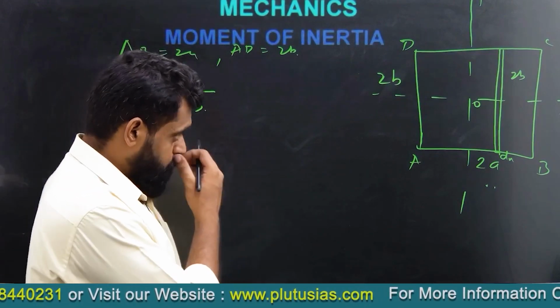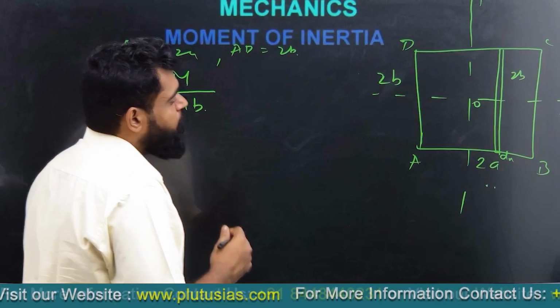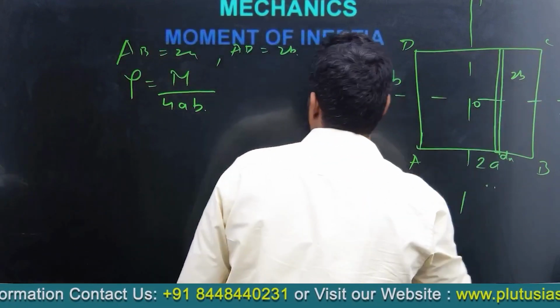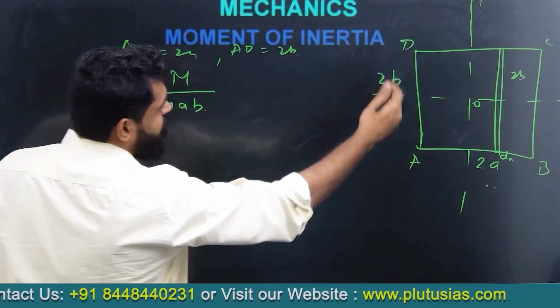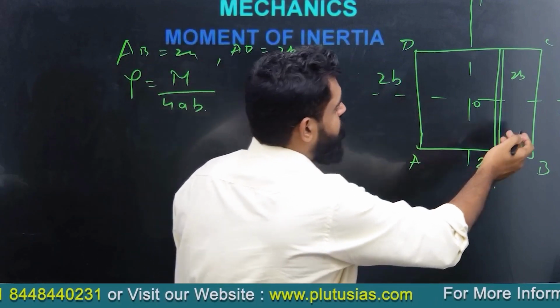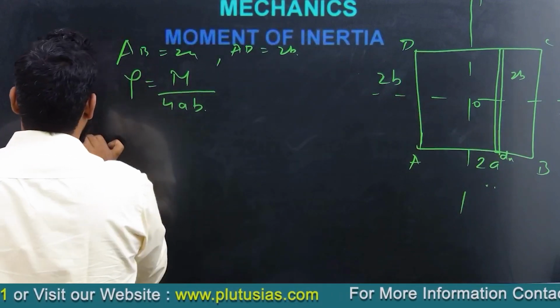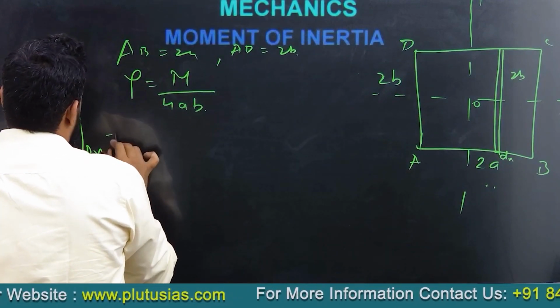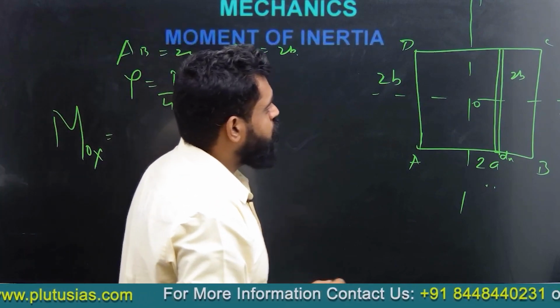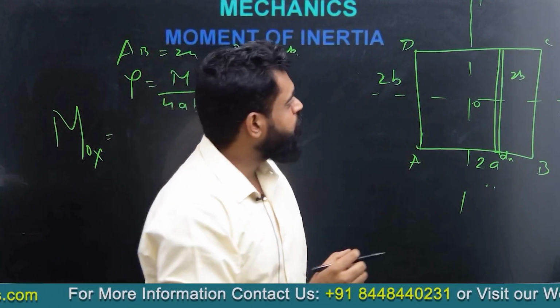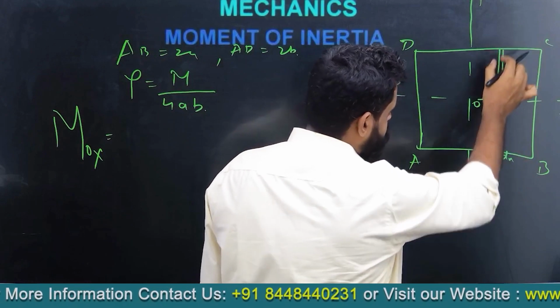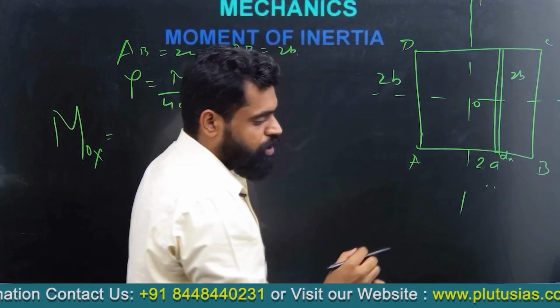So what do we do here? We have to calculate the moment of inertia about the axis, say OX. First of all, what would be the mass of this small rod?